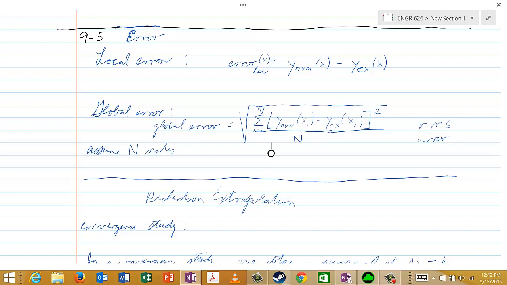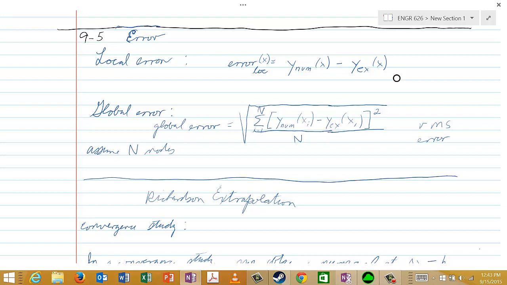Why don't we just take this local error that we have up here in this equation, take the local error at each node, sum it up for all the nodes and then divide by n? Instead, we're taking that local error at each node and we square it, and then after we add up all those squares, we take the average of those squares and then take the square root. Why do we do it that way? Well, you might turn off the video for a moment, think about it, and then come back.